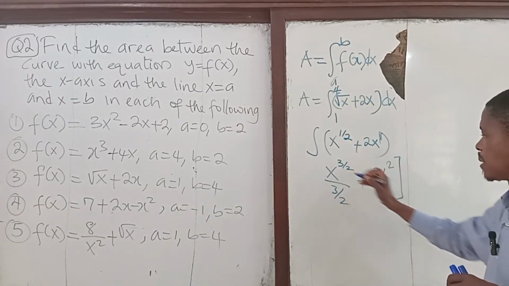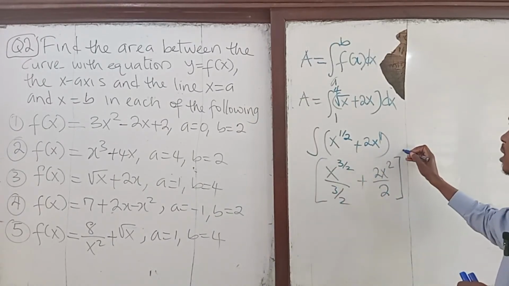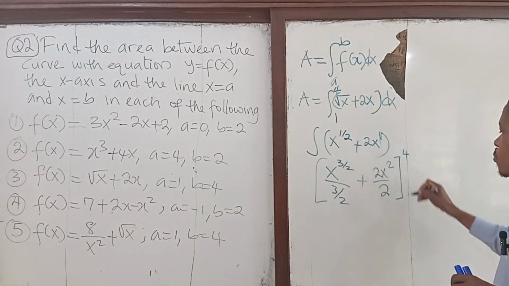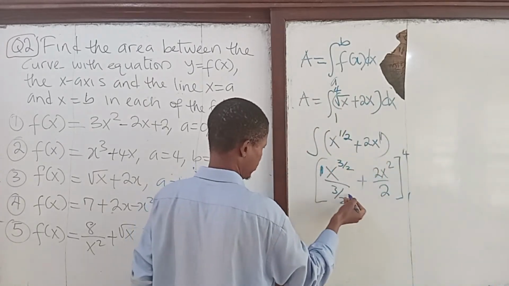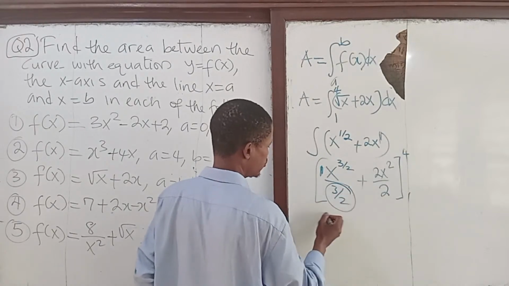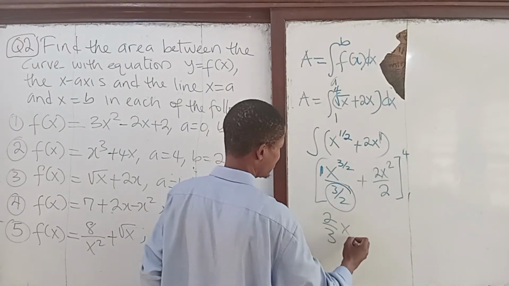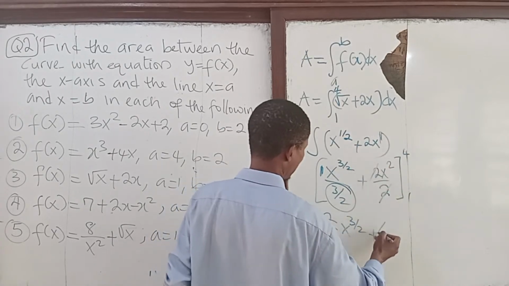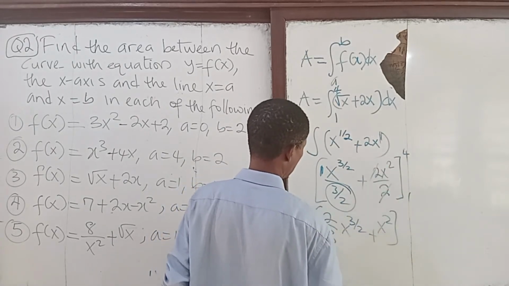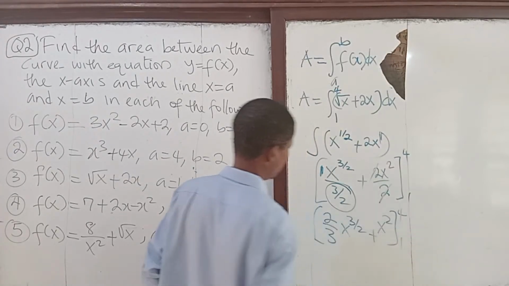Then indicate your upper and lower limits, 4 and 1. We flip this fraction, and that'll be 2 over 3 times x to the power 3 over 2, plus, this cancels, and we have x squared, with upper and lower limits 4 and 1.